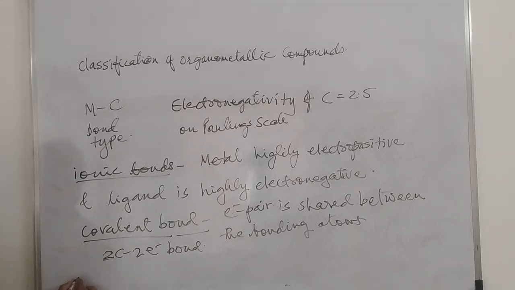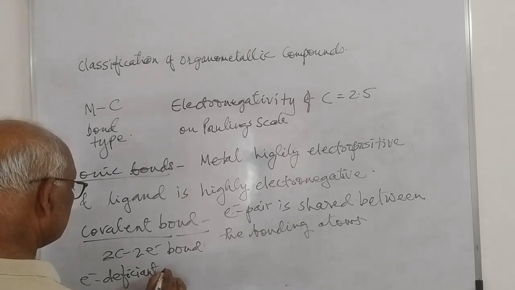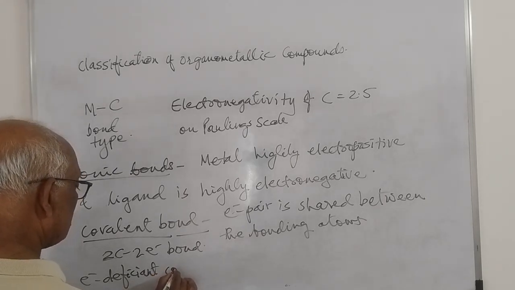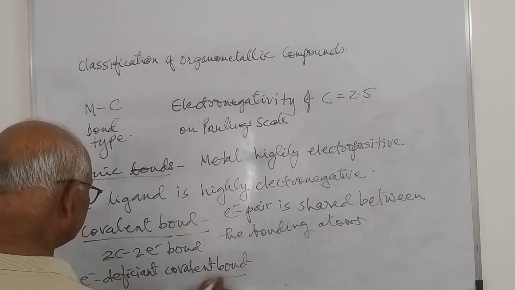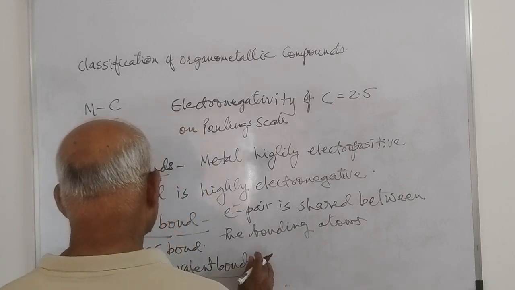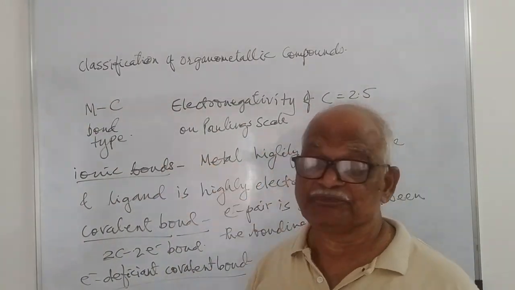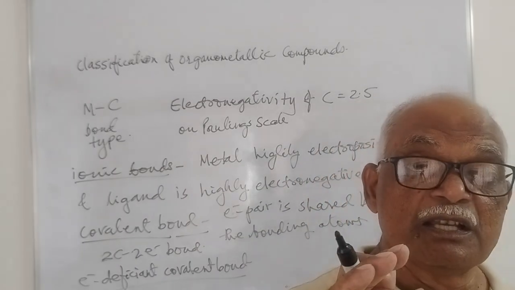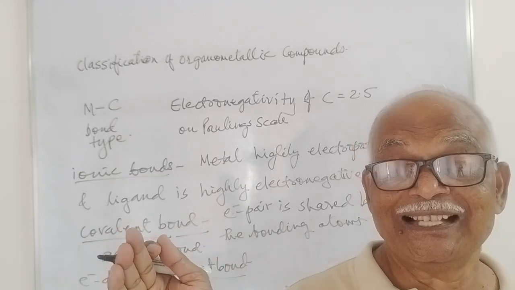But when an electron deficient covalent bond is formed, the central metal atom is short of the eight electrons of the valence shell.